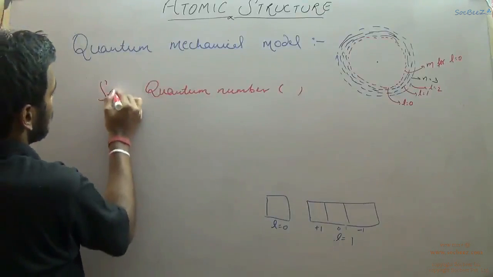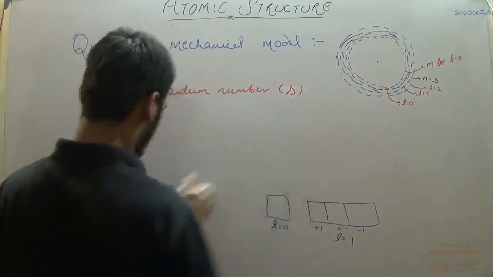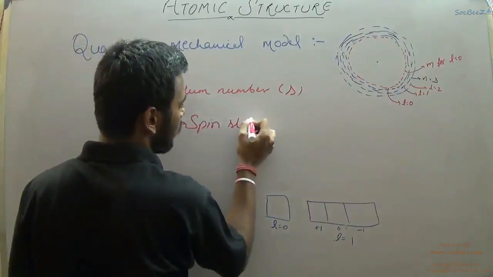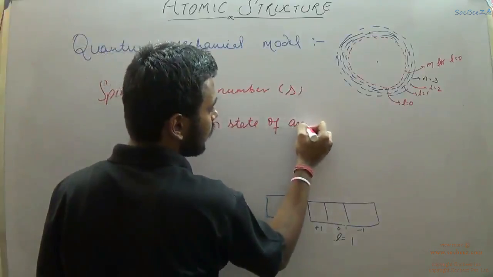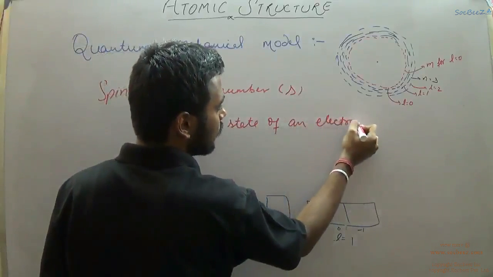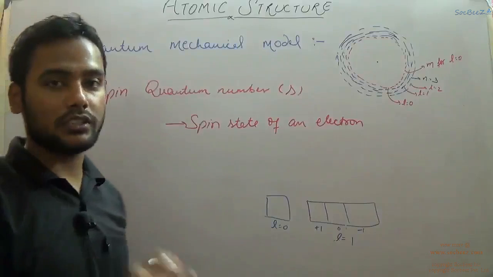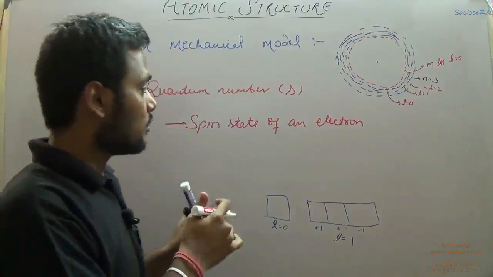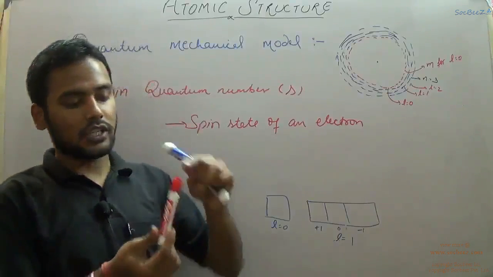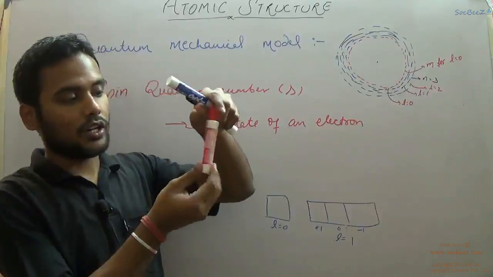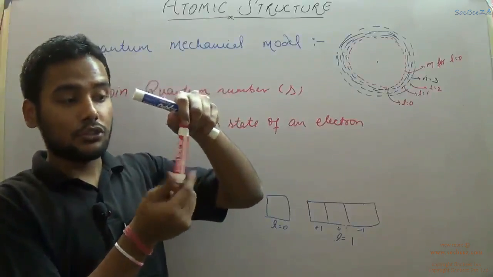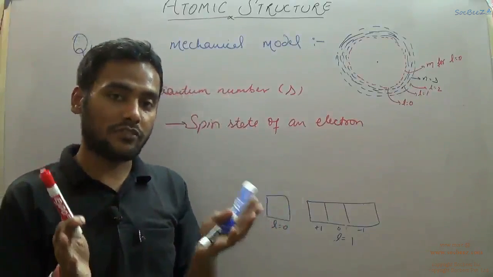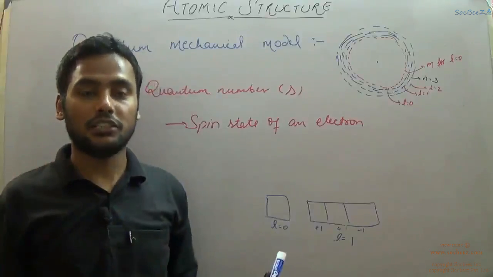So here, the spin quantum number gives you the spin state of an electron. Now an electron around a nucleus is spinning, simultaneously revolving as well. While spinning, electrons can spin either in this direction or in that direction. Now these two particular spins: suppose 2 electrons have the same spins, then they will repel each other.